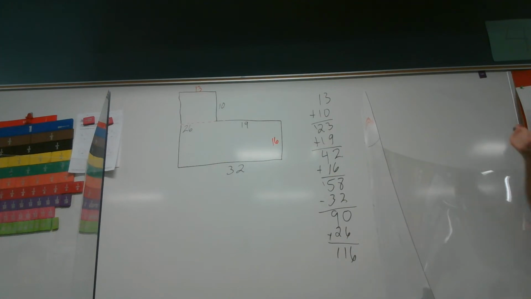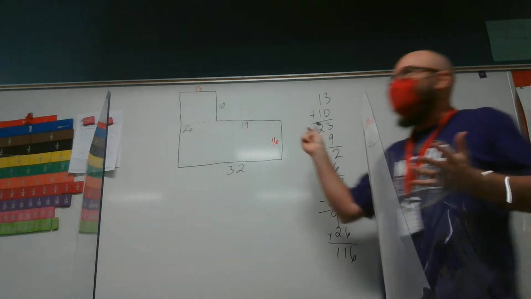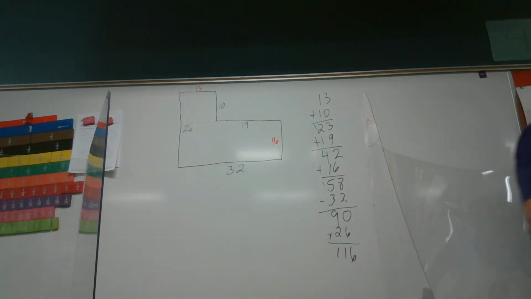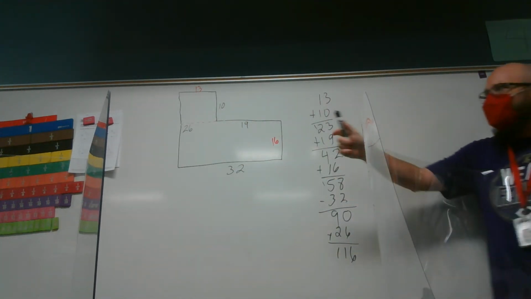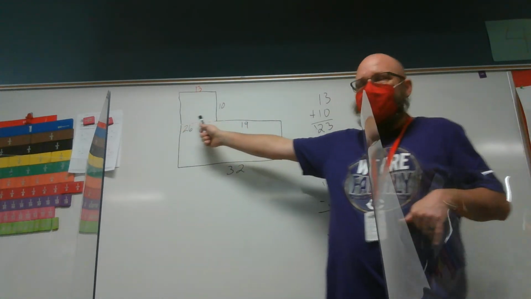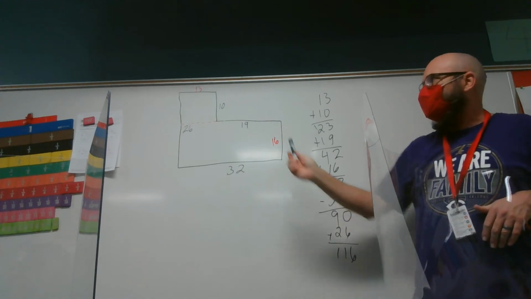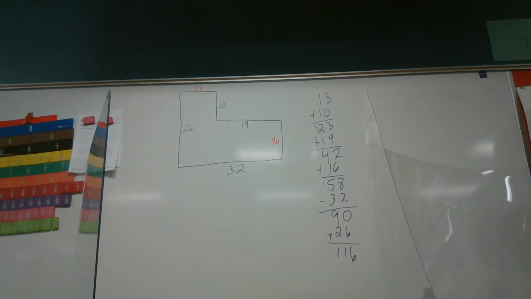We can't do the whole length times width thing because this is not a rectangle. But we kind of made it into two different rectangles. And these two different rectangles we already know. What's the formula for area again? Length times width.